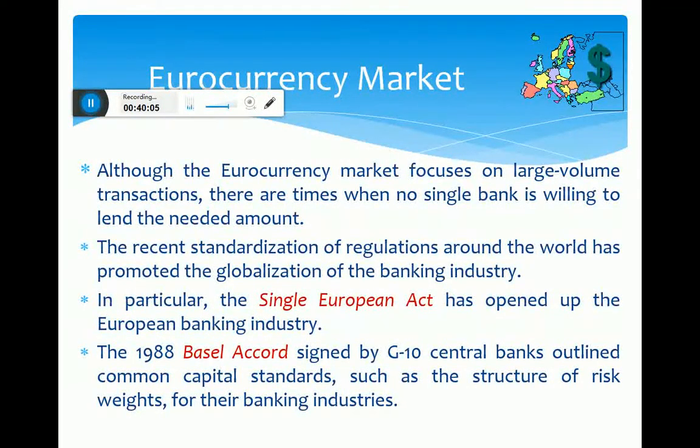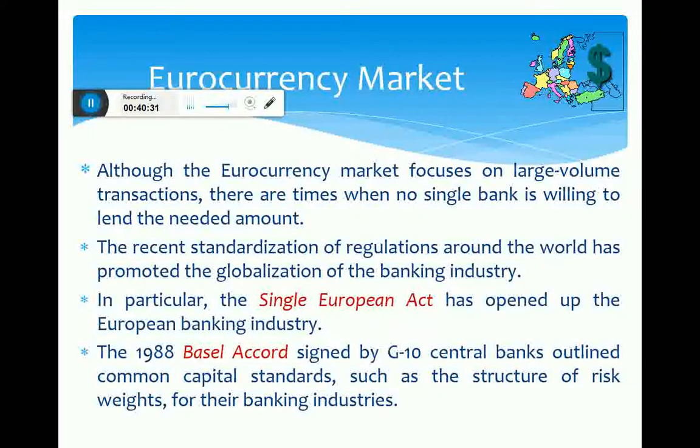The gold standard was very stable, as gold has an intrinsic value. But from the time that dollarization and the dollar standard came into existence, there are more chances of a currency crisis.